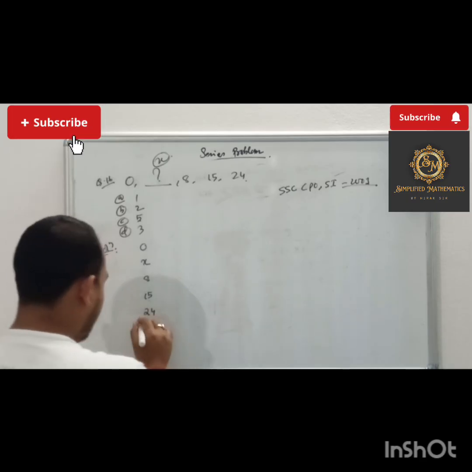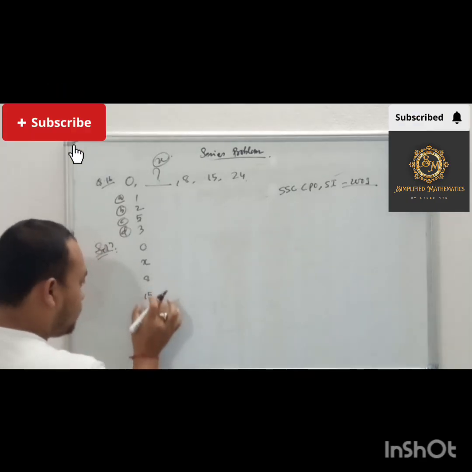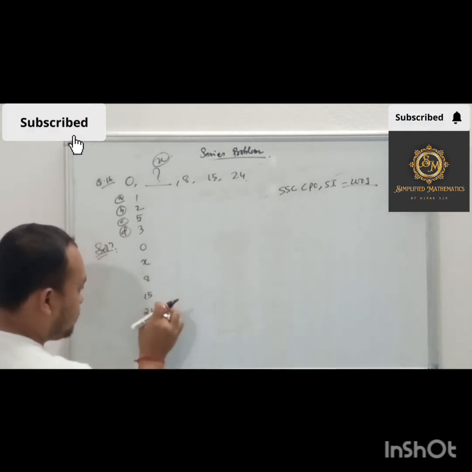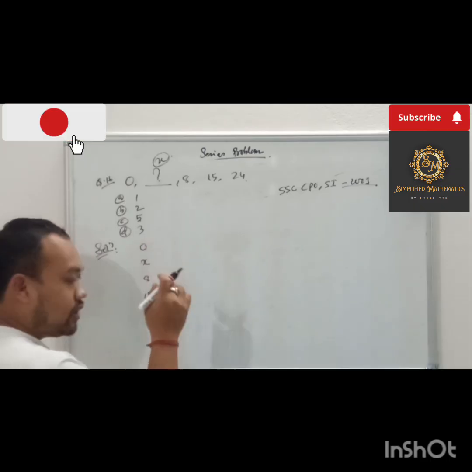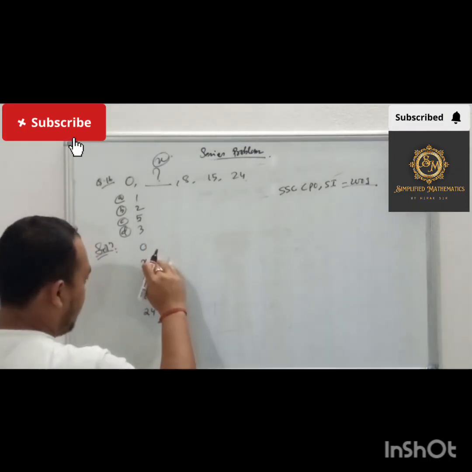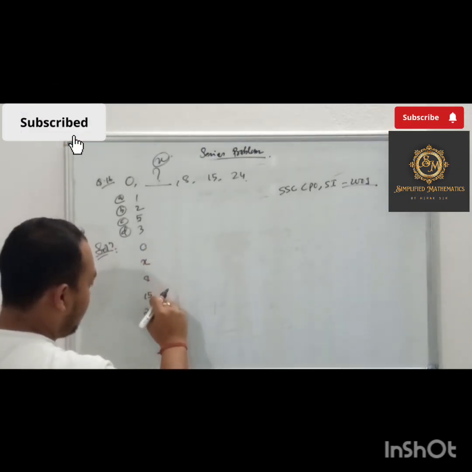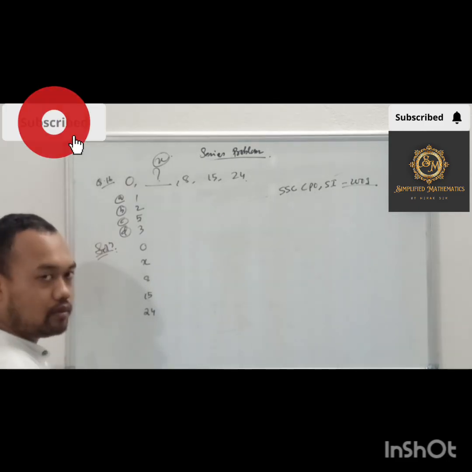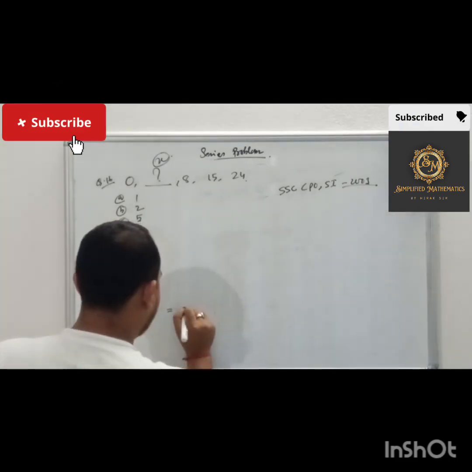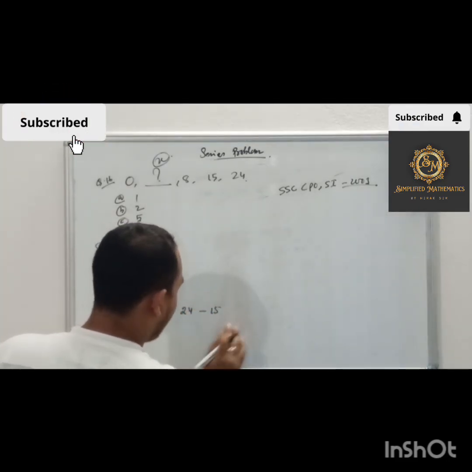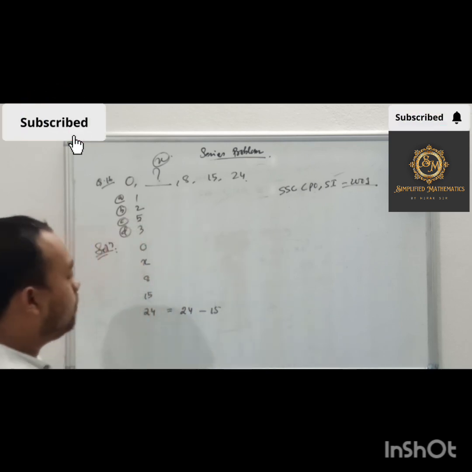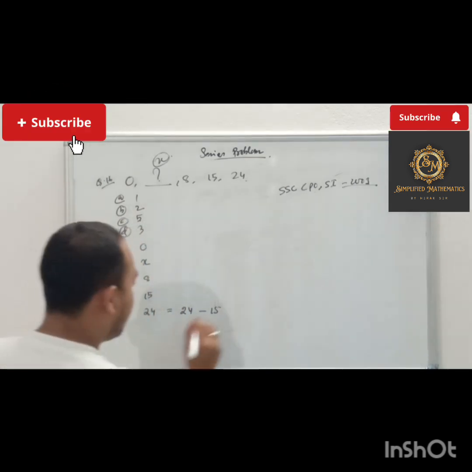So is there any relation between these numbers? Between 0 and X, X and 8, 8 and 15, and 15 and 24? So we can write 24 minus 15, and what we get is 9.